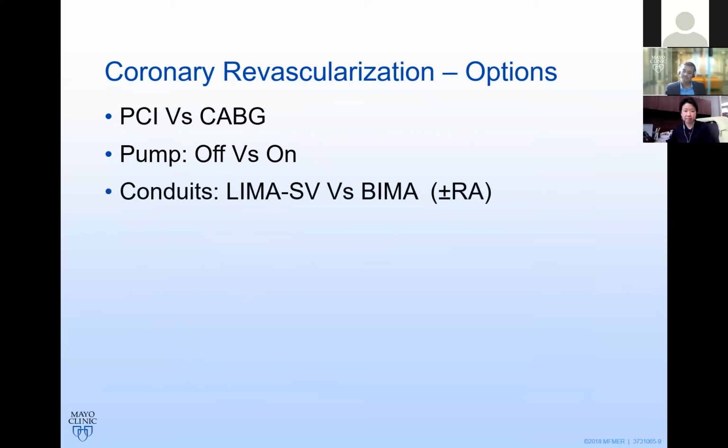Then the most crucial part of any CABG surgery, as we call coronary artery bypass grafting, is what conduits we use to bypass these blockages. Should we just use an arterial conduit, like any artery in the body, or should we use a piece of vein from the leg?